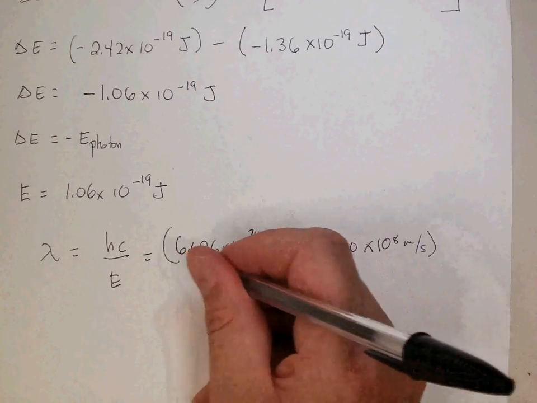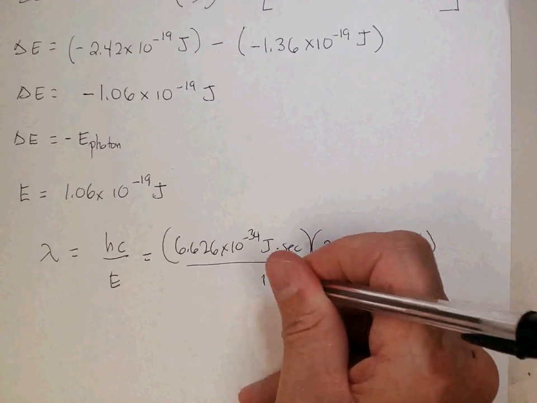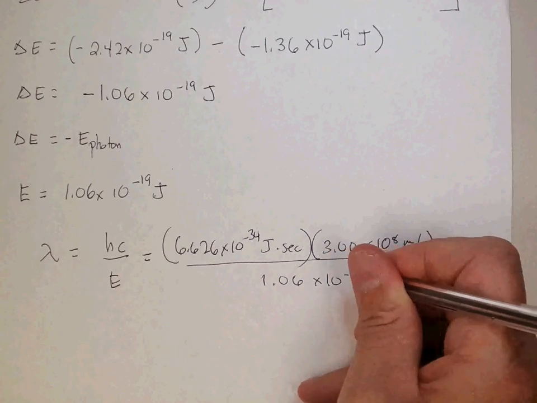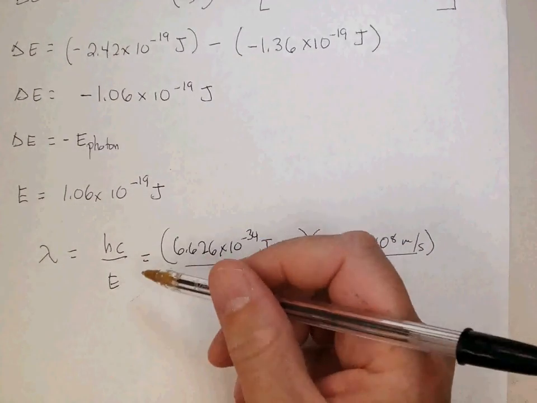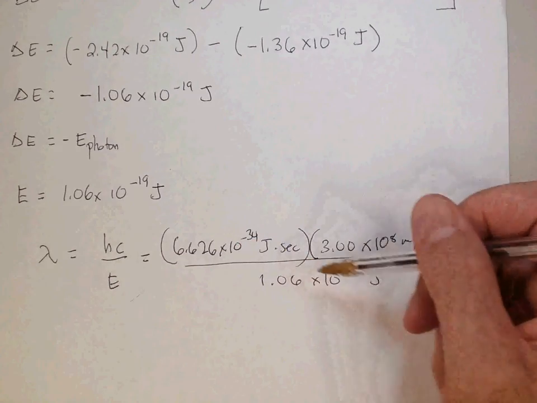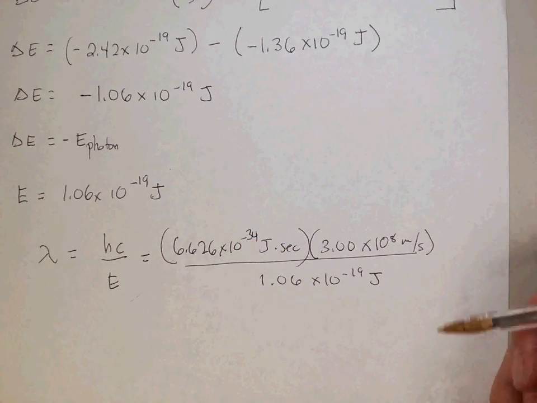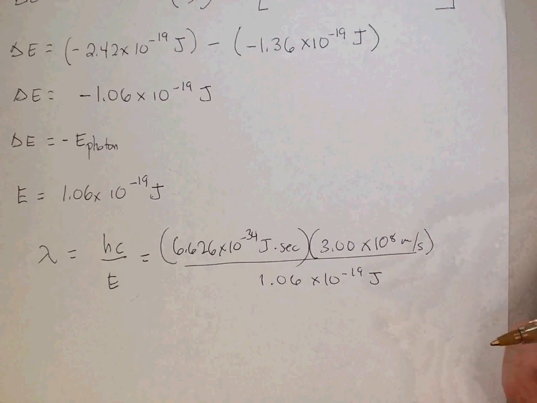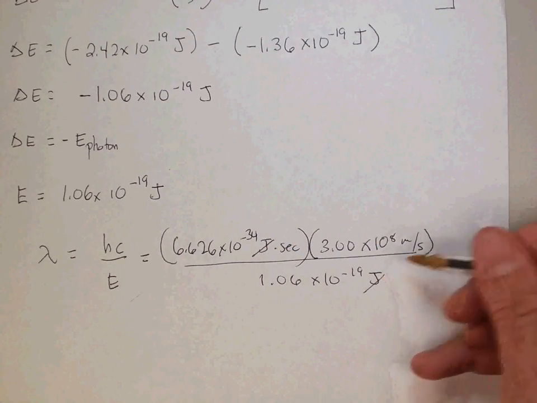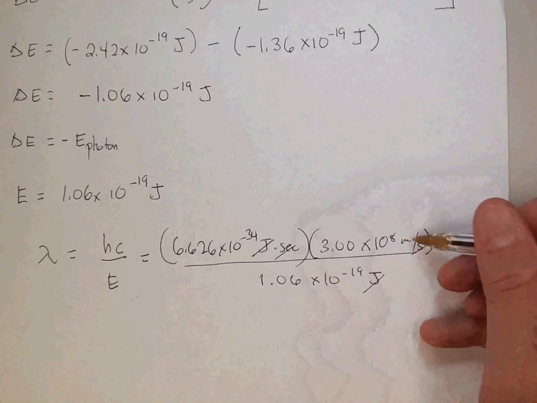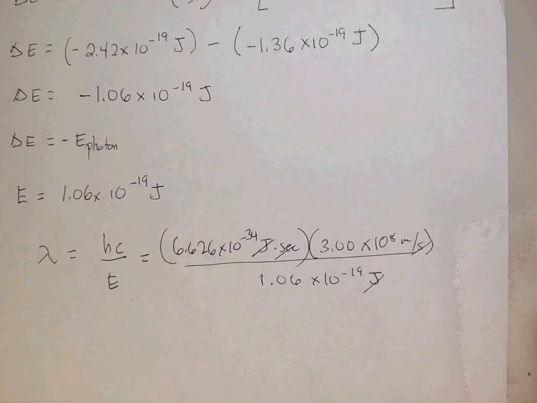And we're going to divide that by 1.06 times 10 to the negative 19 joules. If you ever struggle with your formula manipulation, unit cancellation is the way to go, because if your units don't cancel, then you did not set it up correctly. So here my joules are canceling, my seconds cancel, and I have meters, and that's good for wavelength.